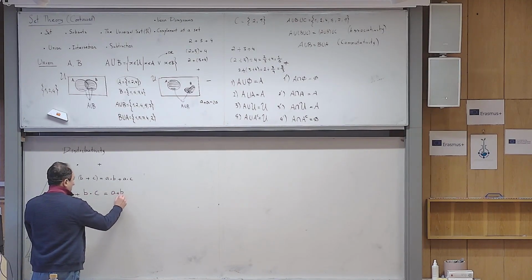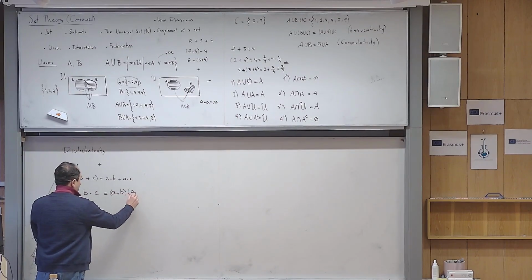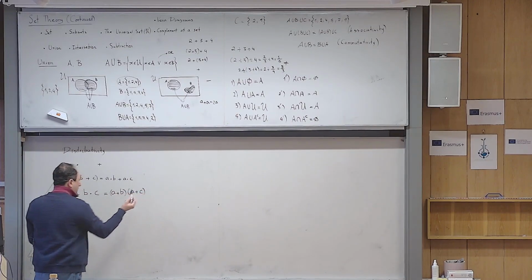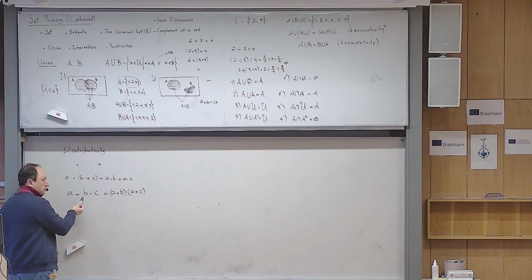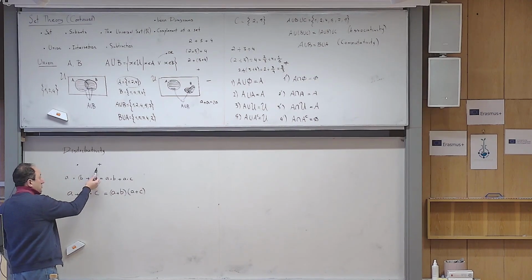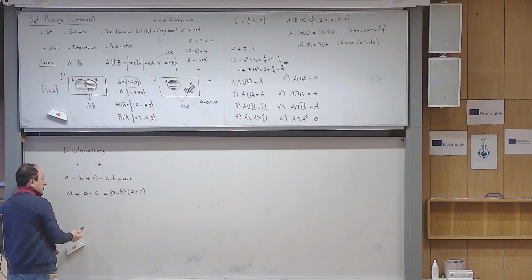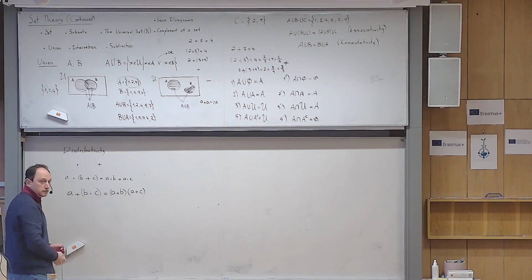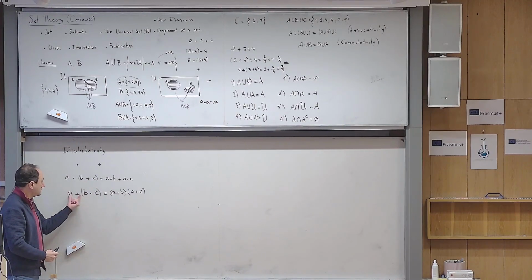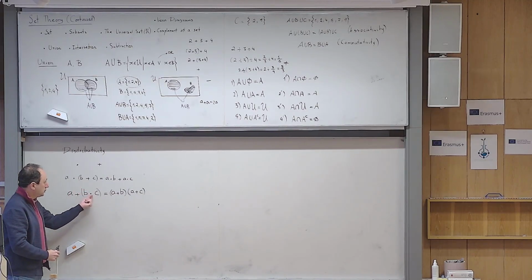Yes. If this is going to be true, it means this. This is what I want you to understand. I'm not telling you this is true or false, but I'm telling you, if this is the case that addition is distributive over multiplication, this is how it looks. It looks like you are taking addition and then distributing it over multiplication.